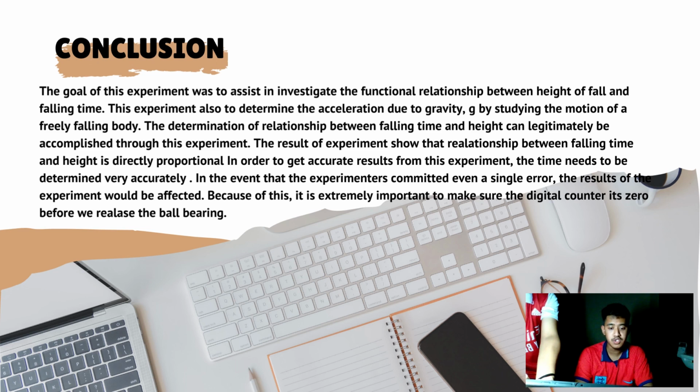The result of the experiment shows that the relationship between falling time and height is directly proportional. In order to get accurate results from this experiment, the times need to be determined very accurately. In the event that the experimenter commits even a single error, the result of this experiment will be affected. Because of this, it is extremely important to make sure the digital counter is zero before we release the ball bearing.